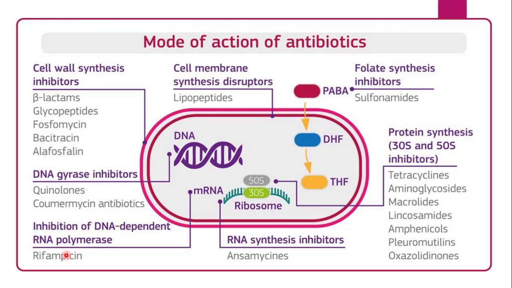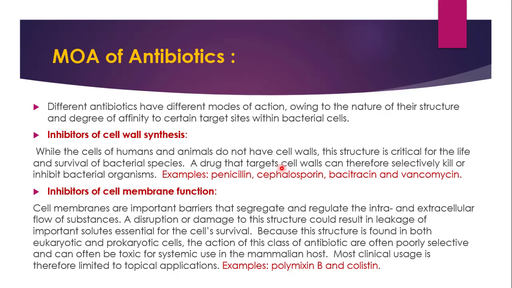This diagram you can find, and there are various subclasses like cell wall synthesis inhibition, then cell membrane damage, then folate synthesis, that is metabolic inhibitor, and protein synthesis inhibition, wherein it plays a role in DNA, RNA and with ribosomes. So these are the various classes. If you recall all of them, first is cell wall synthesis, since it is the outermost membrane.